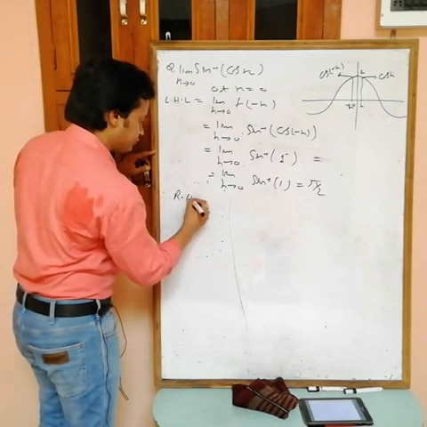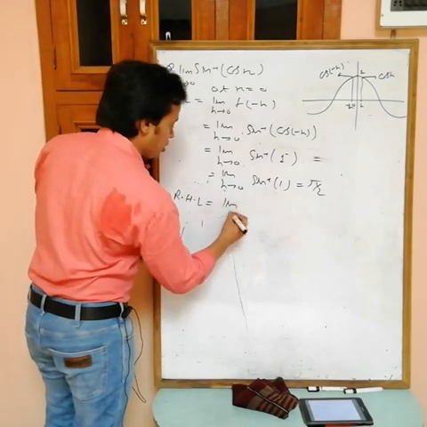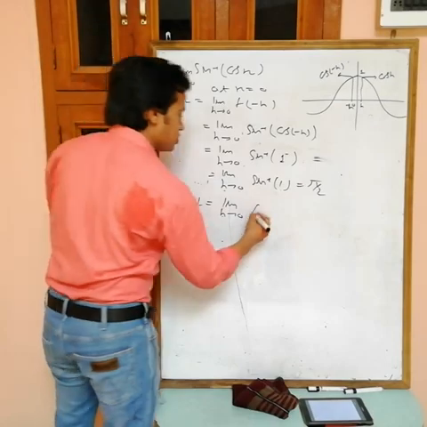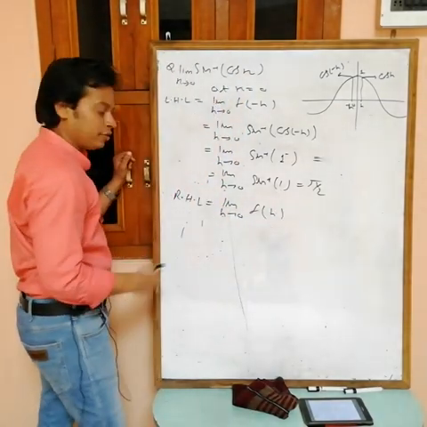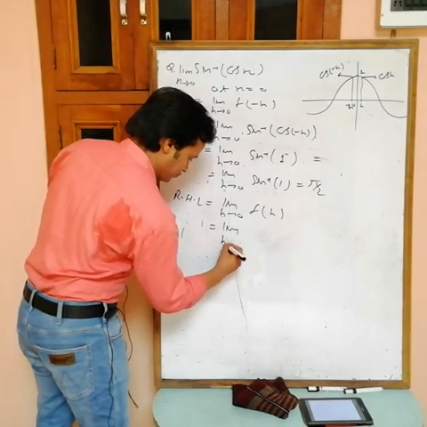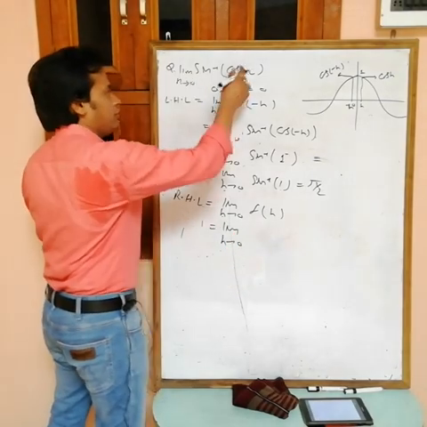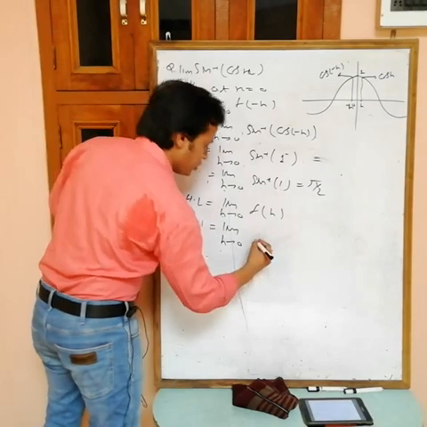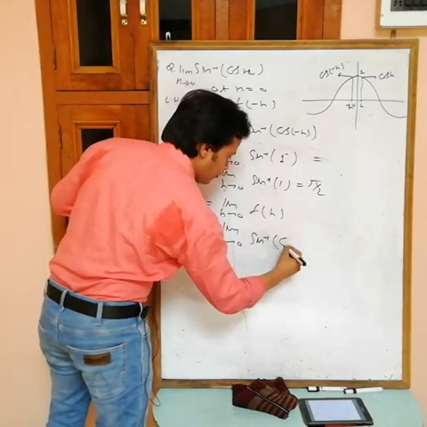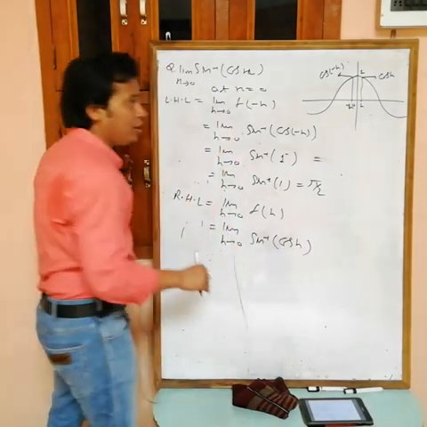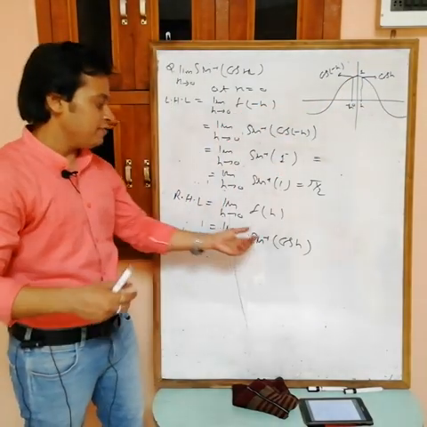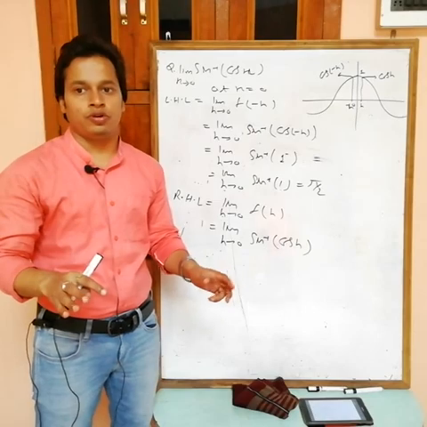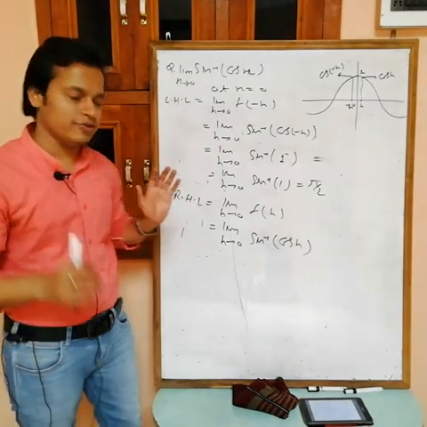Now RHL: limit h tending to 0, value of the function at a plus h, where a is 0, so 0 plus h is f(h). Replace x with h, then we get sine inverse of cos h. Again cos h is just less than 1, so no problem. If this were just greater than 1, sine inverse would not be defined, but from minus 1 to plus 1 sine inverse is defined.